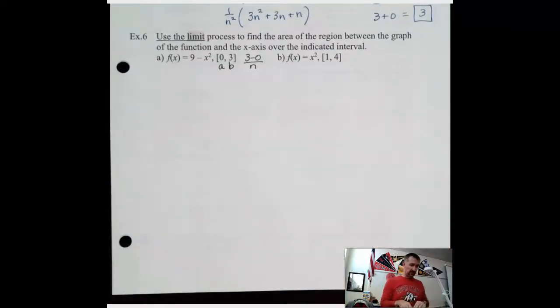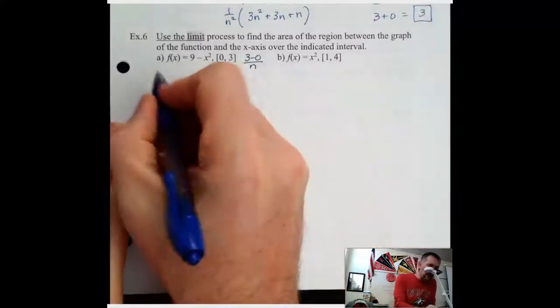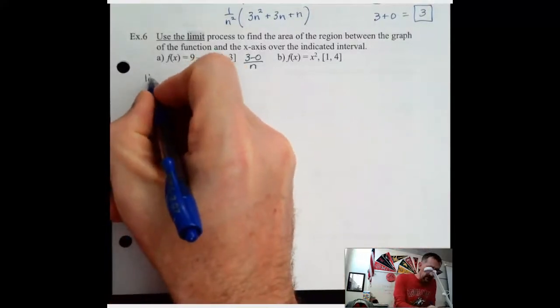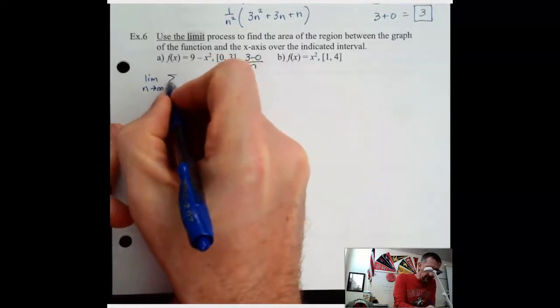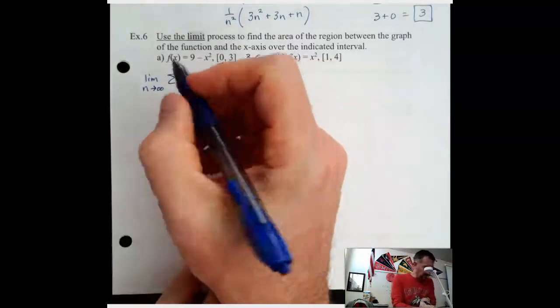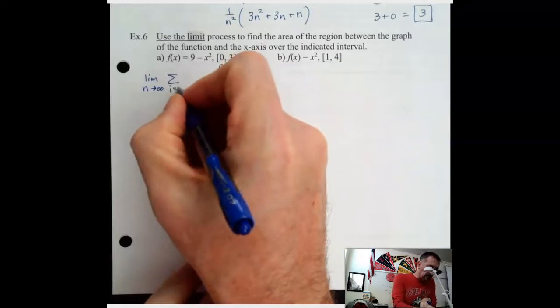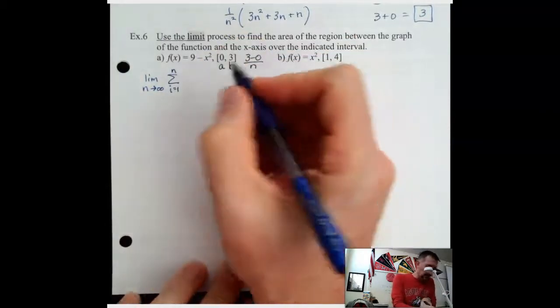Okay. So putting that whole thing together, we have the limit as n approaches infinity of the sum as i equals 1 to n.